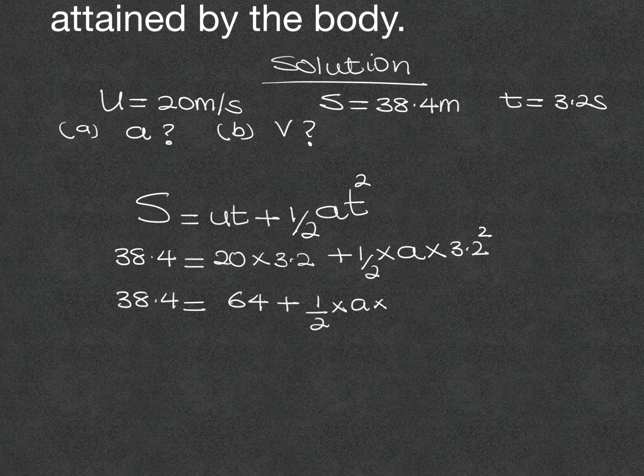3.2 squared, which is 10.24. So 38.4 is equal to 64 plus half of 10.24, which is 5.12. That is multiplied by a, so that will be 5.12a.